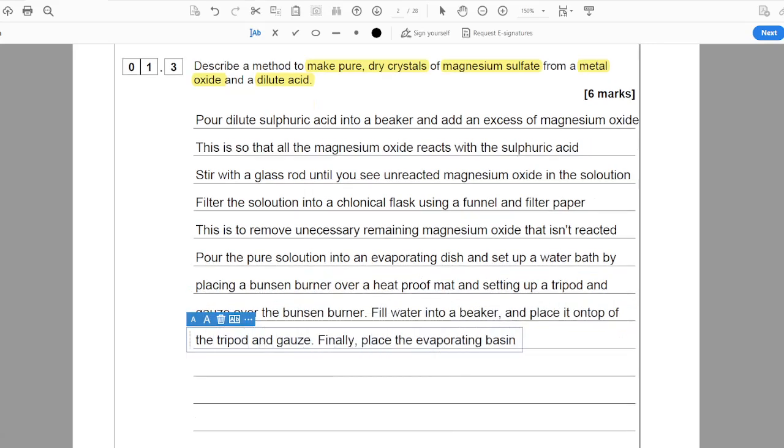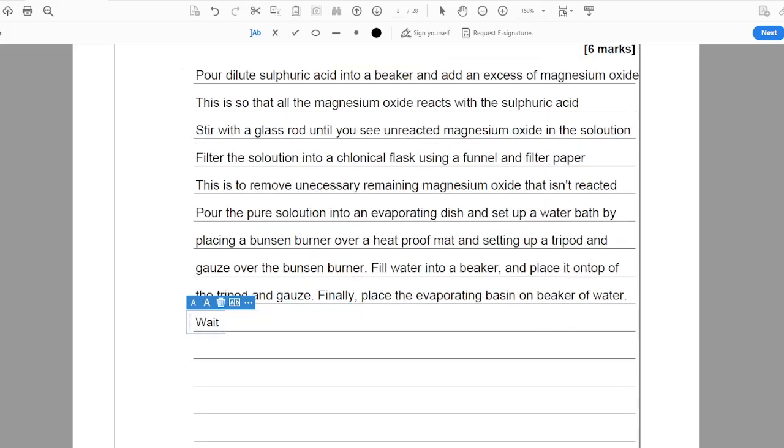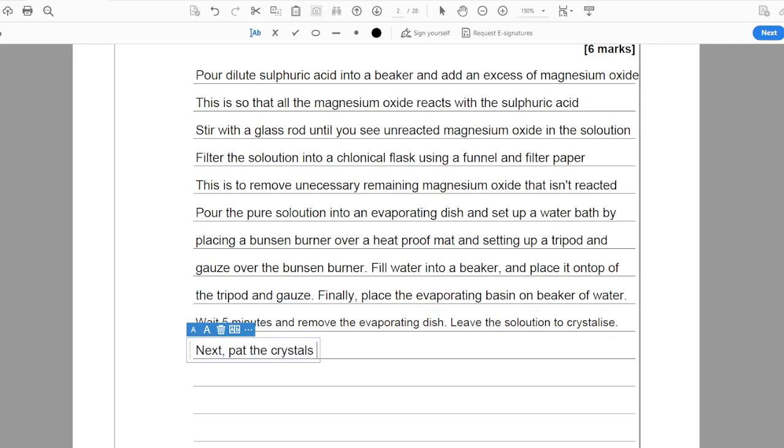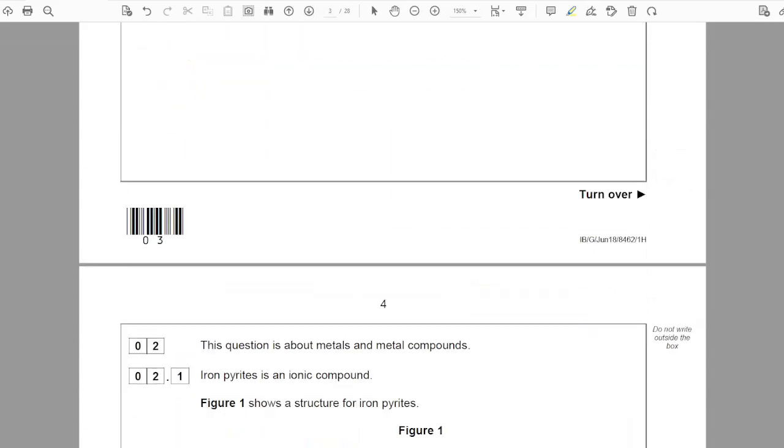Now you're just going to heat the evaporating basin for about 5 minutes and then remove the dish. Leave the dish to crystallize, and after a day or so you can take the crystals out and pat them dry with filter paper, for example, and you're done. You have magnesium sulfate crystals.